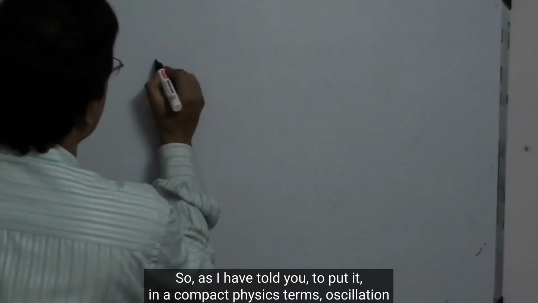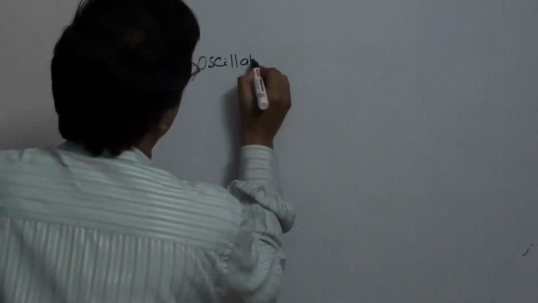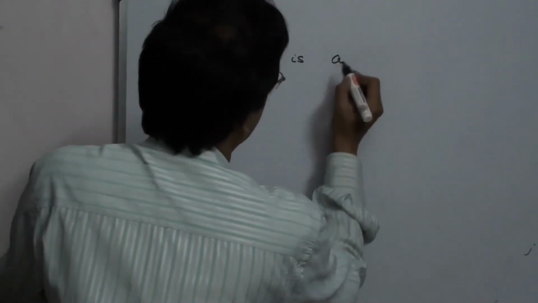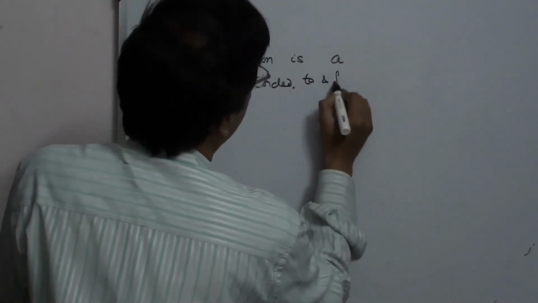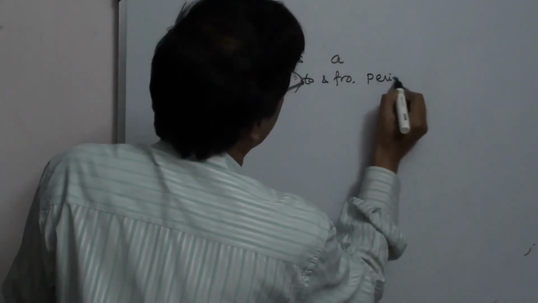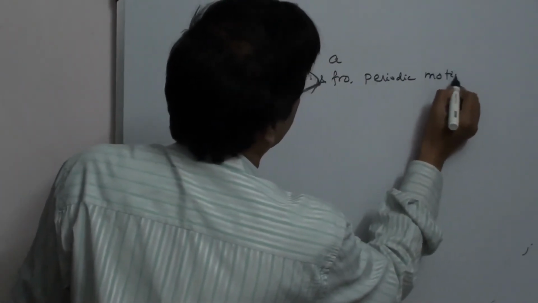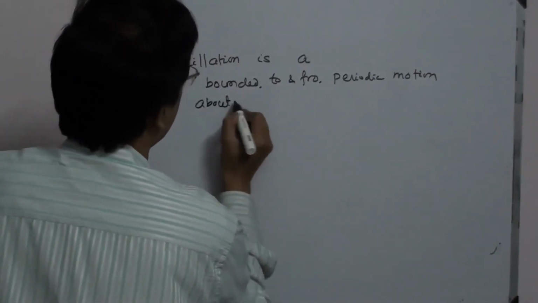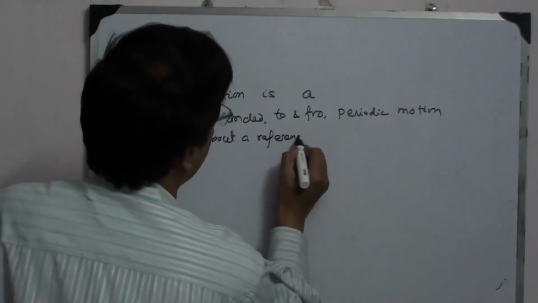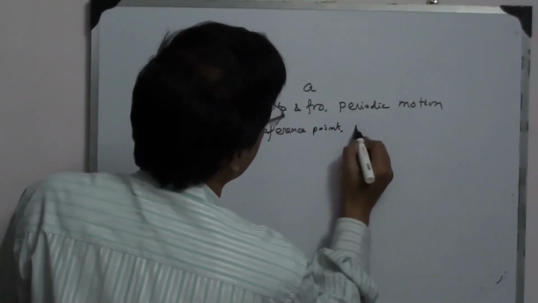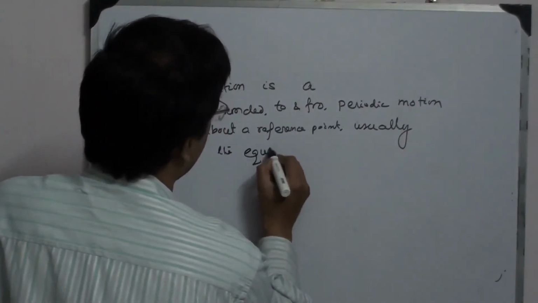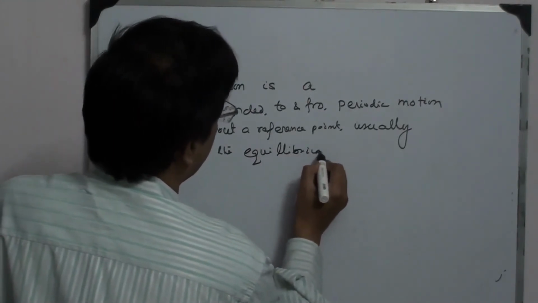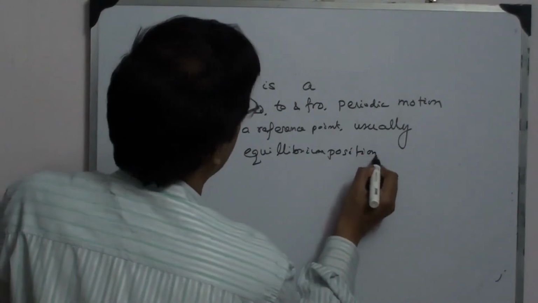So as I told you, to put it in compact physics terms, oscillation is a bounded to and fro periodic motion about a reference point, usually the equilibrium position.